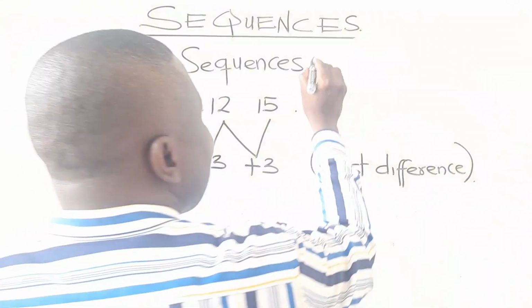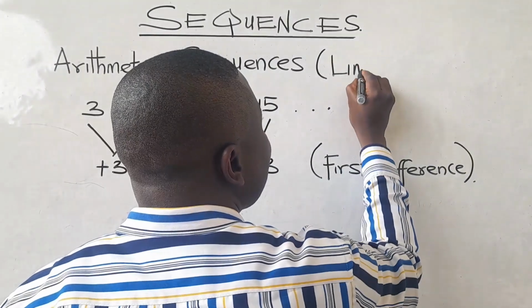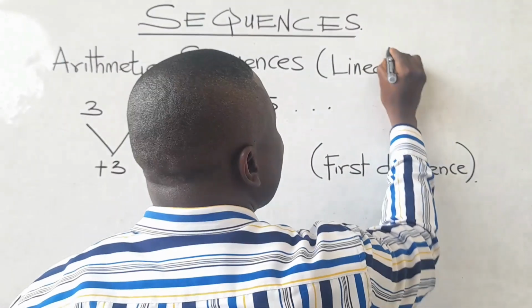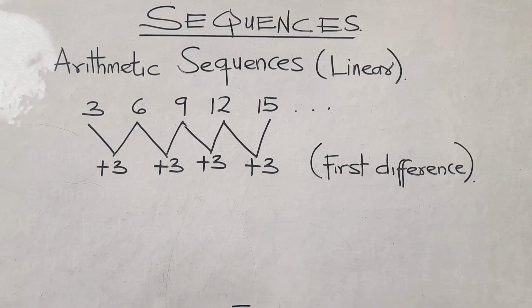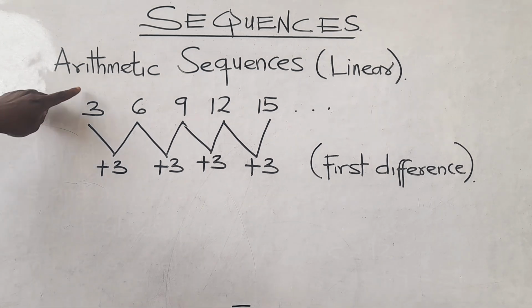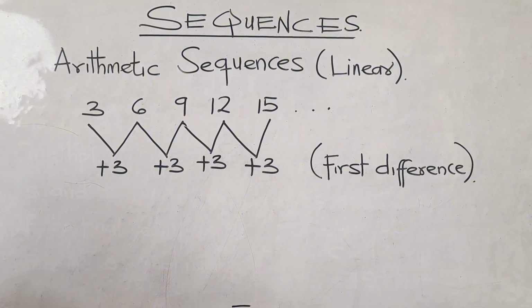Linear, when the first difference is the same. Now we're going to look at the term to term rule. The first number you have is our first term.